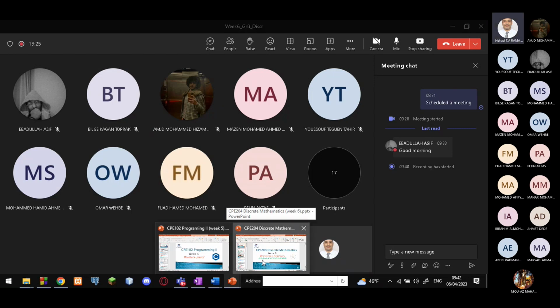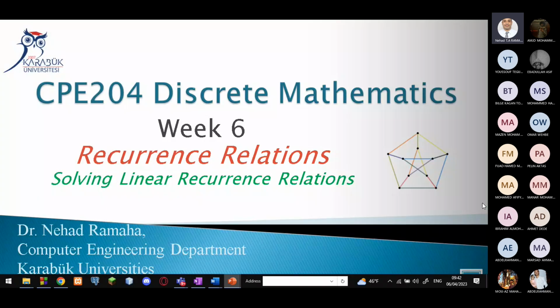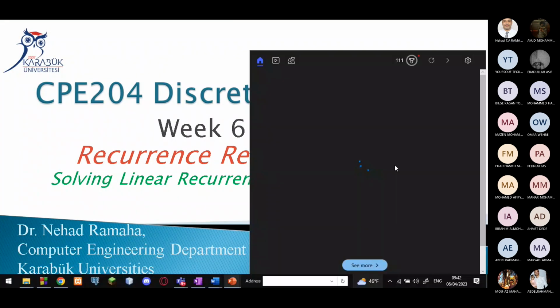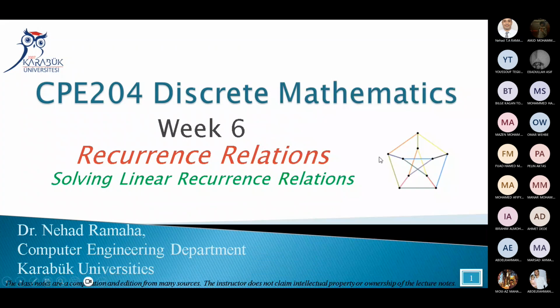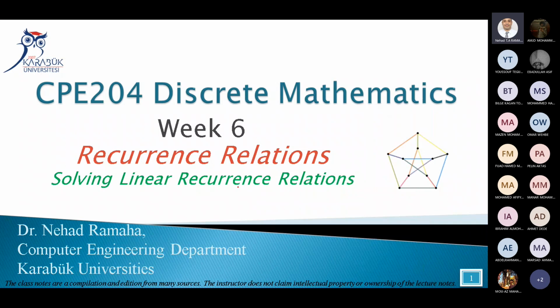Okay, so today we have a new subject which is recurrence relation. What's the meaning of recurrence? Actually, recurrence means something repeats itself, like a recursive function.